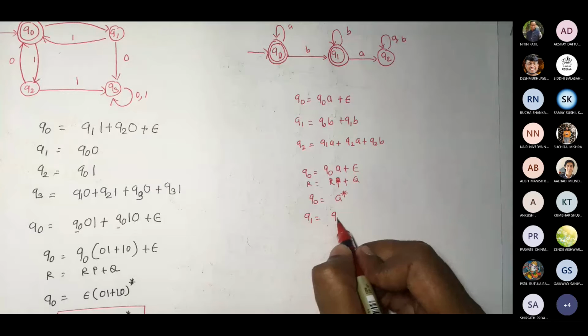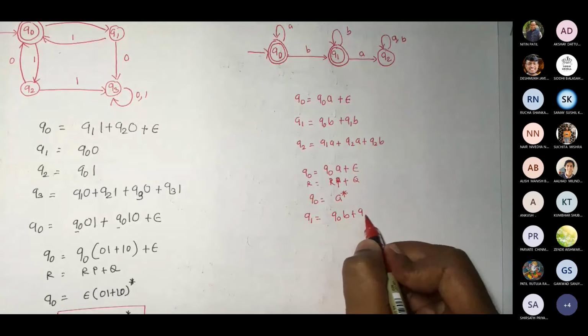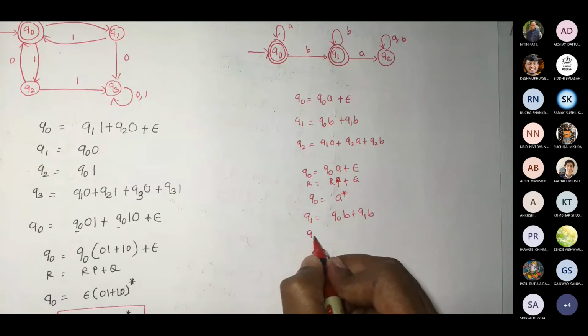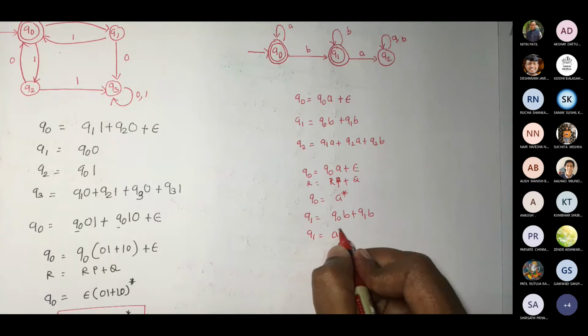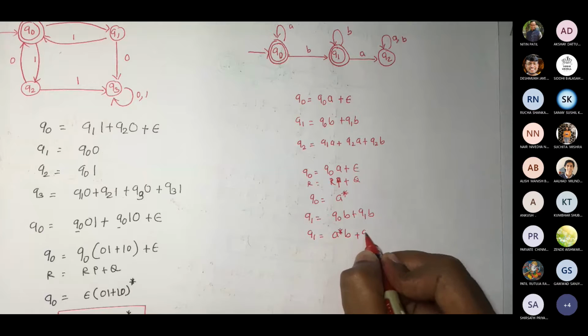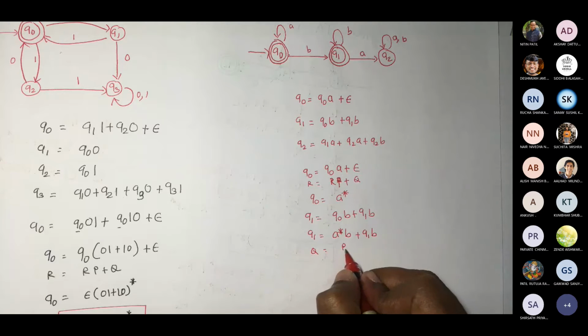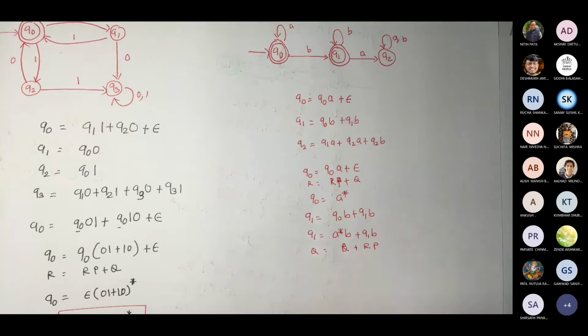Q1 equation is Q0B plus Q1B. So let me put the Q0 value here. What will you get? A star B plus Q1B. This is of the form Q plus RP. Is that fine?